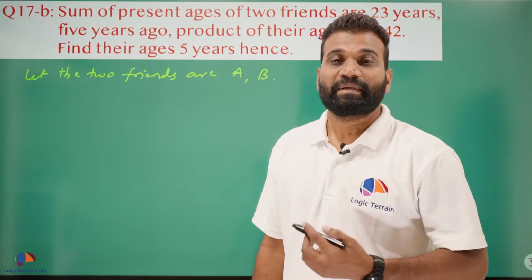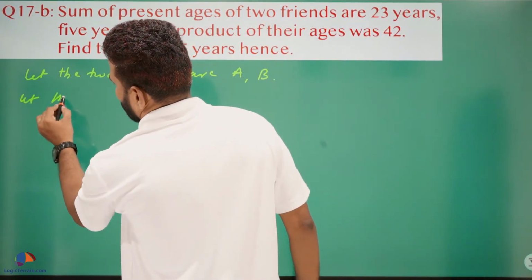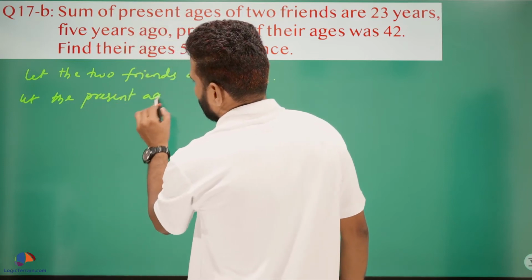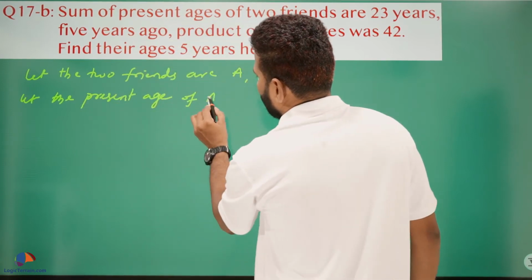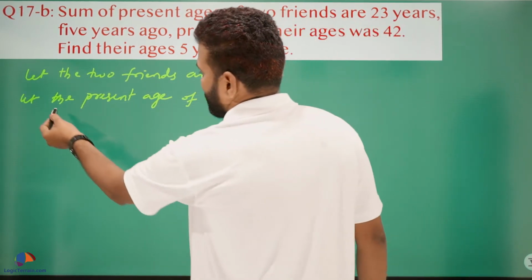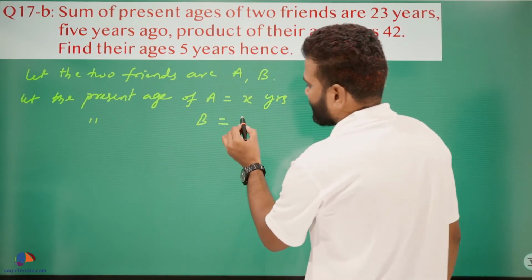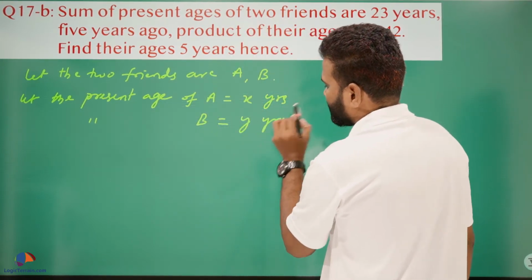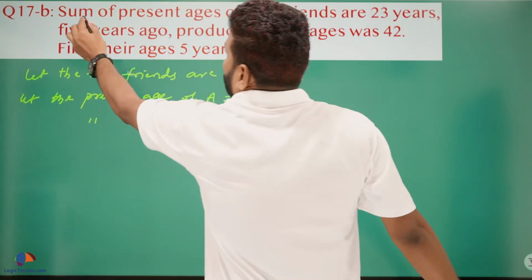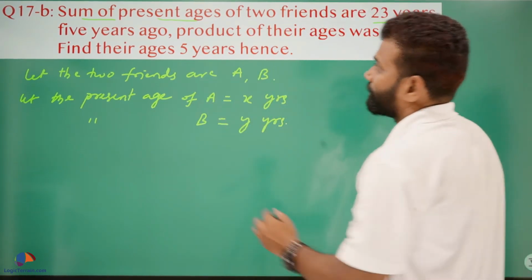Let us say the present age of A is X. Let the present age of A be X years, and the present age of B, let us say Y years. And according to the information, the sum of present ages of these two friends is 23 years.